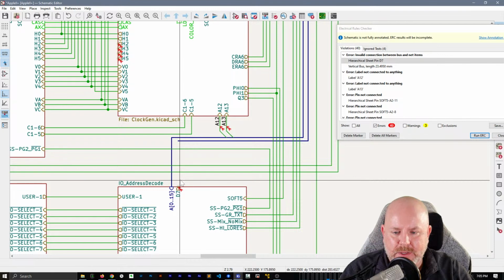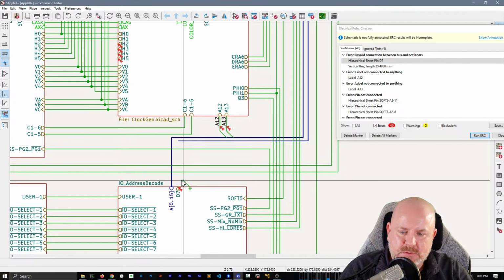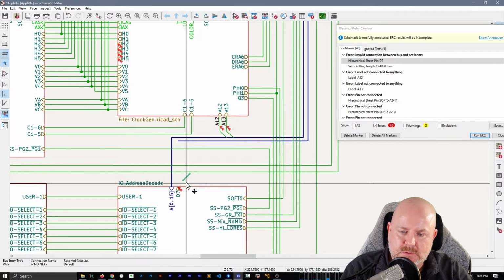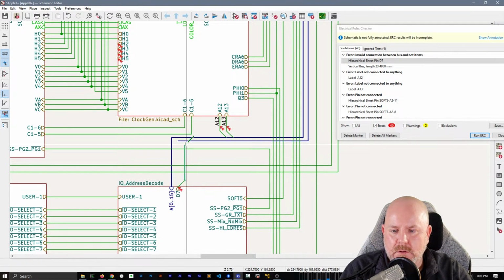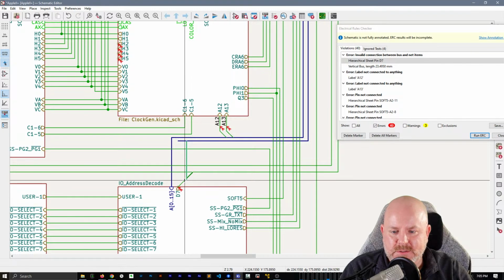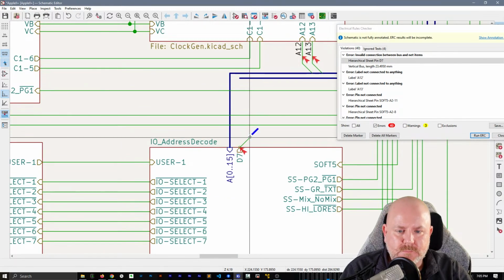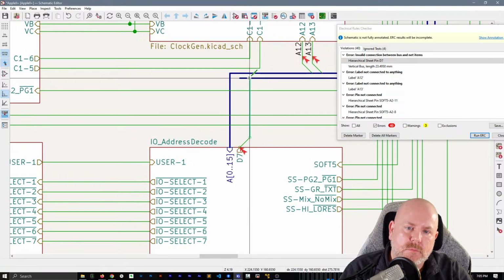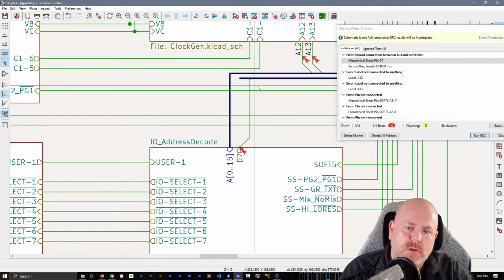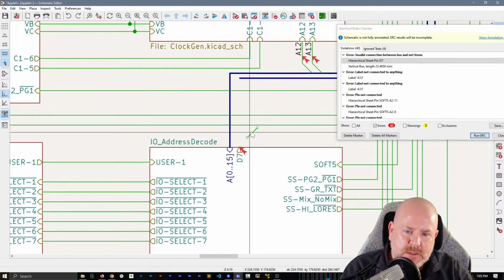Yeah, so what this should have been is a leaf, because this is only D7. Oh my gosh.